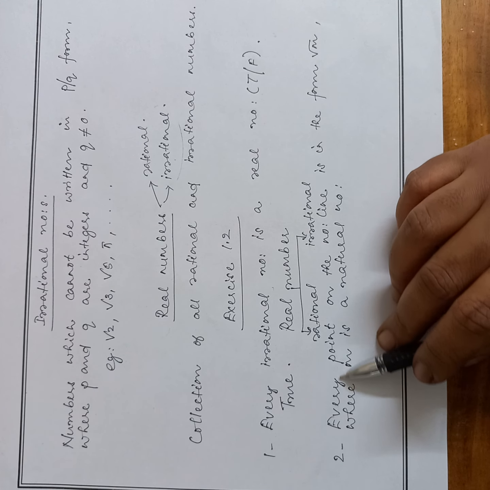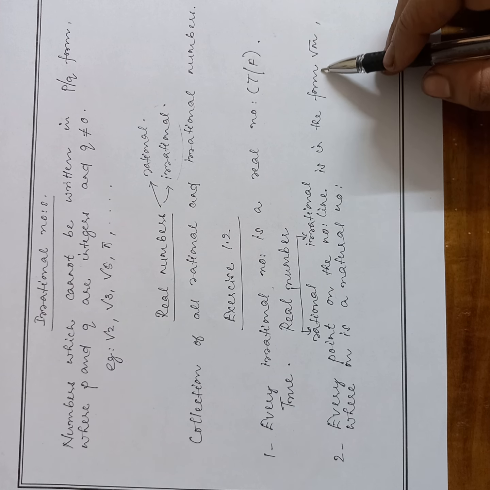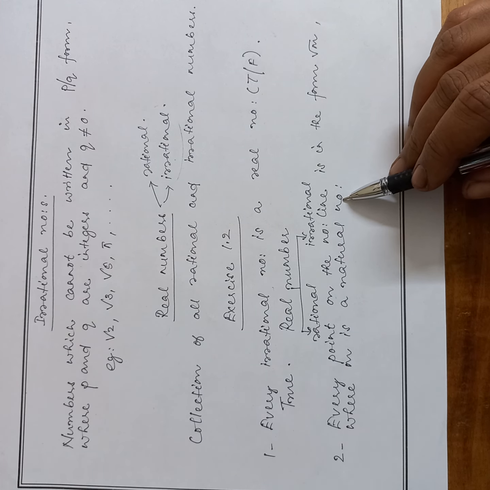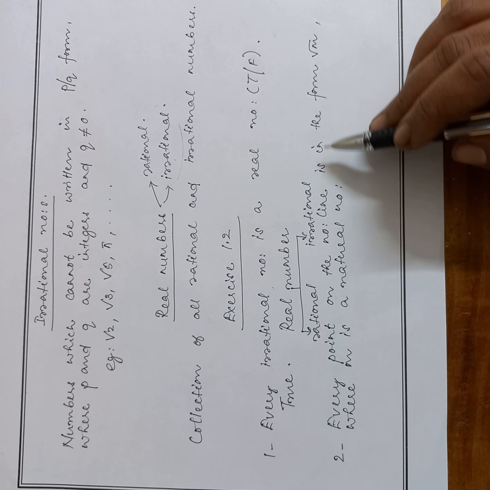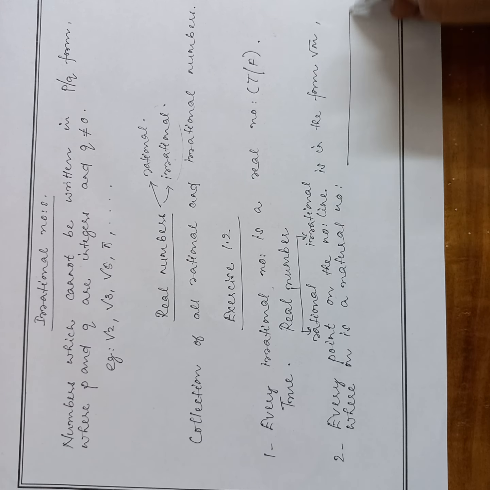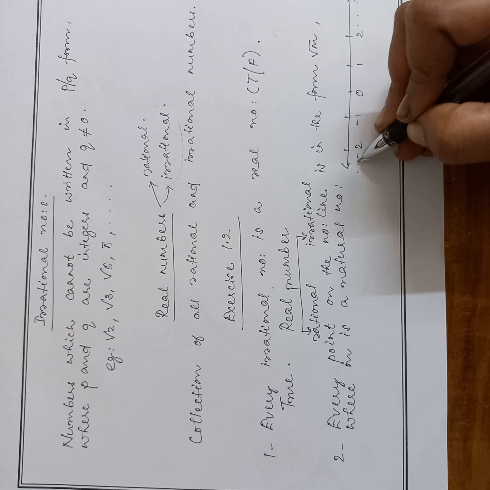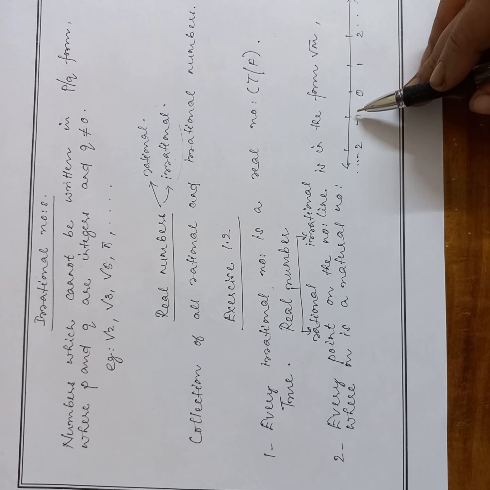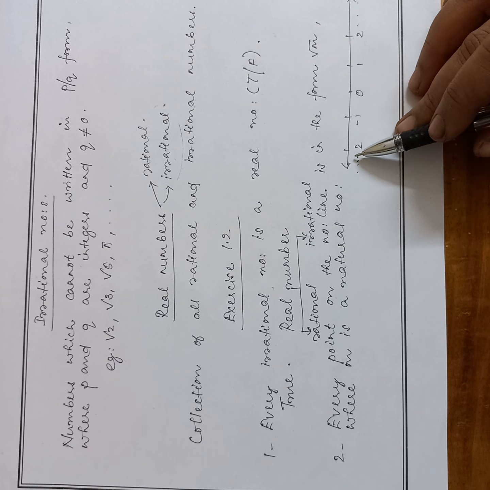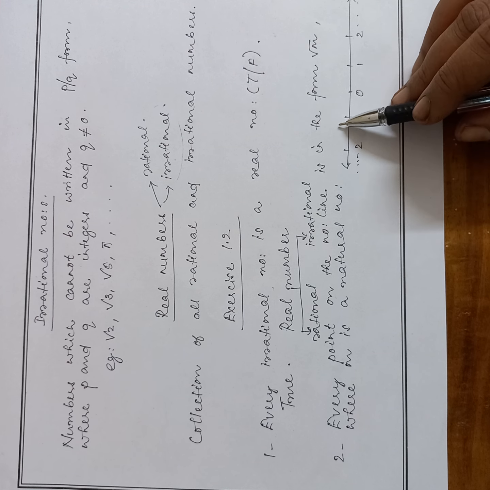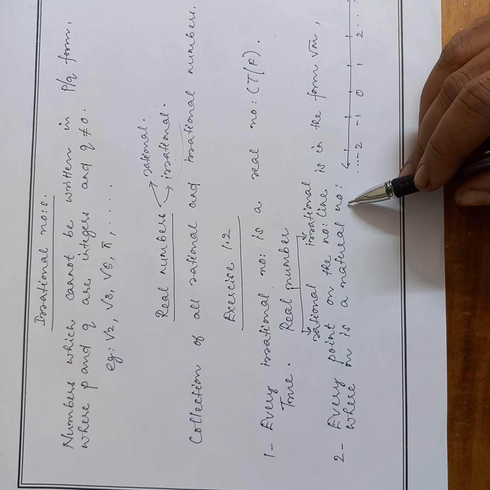Next question is, every point on the number line is in the form root m, where m is a natural number. We know the number line: 0, 1, 2, etc. on the positive side, and on the negative side -1, -2, etc. Every point on the number line is in the form of root m, where m is a natural number.